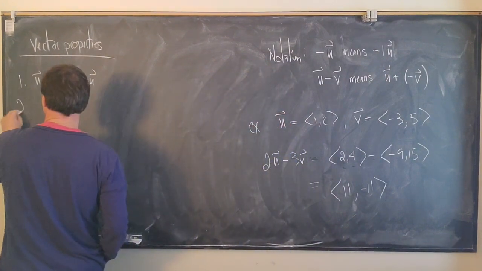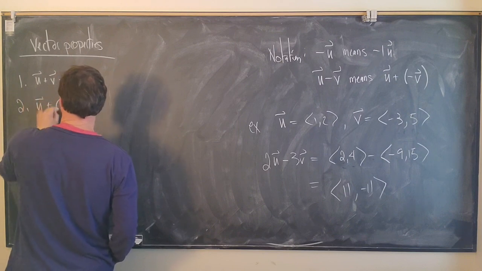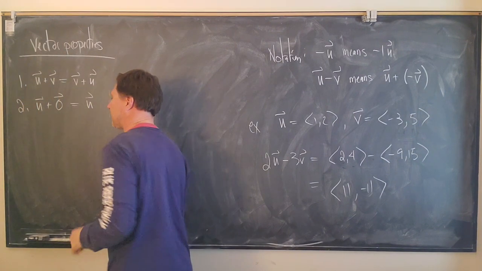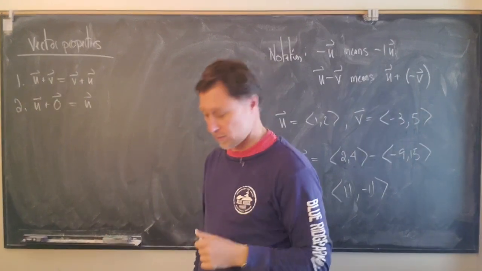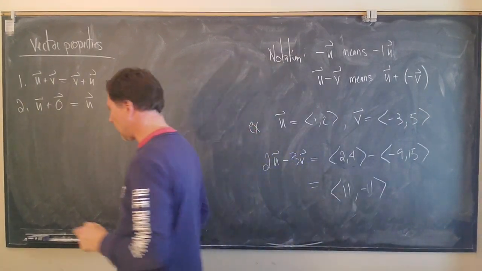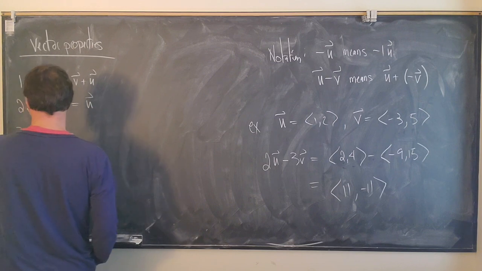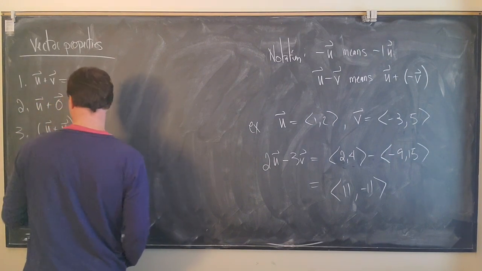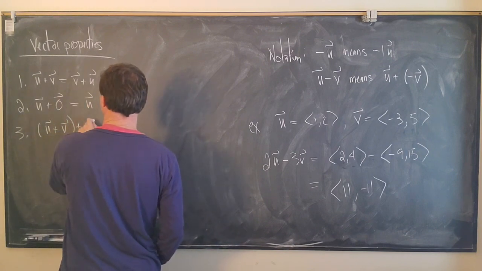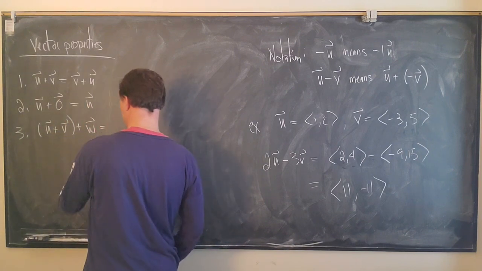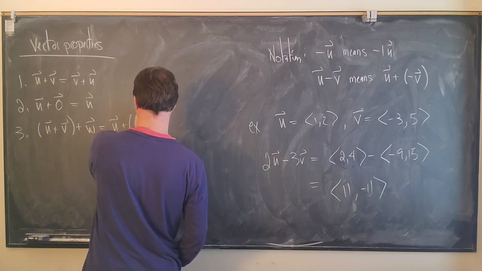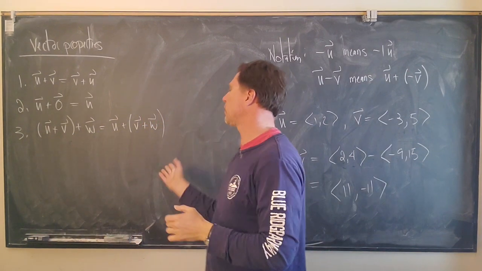The second property: if you add the 0 vector, nothing happens, right? So u plus the 0 vector is u. Associativity, remember that property? It's where you can slide parentheses around. These two, it doesn't matter which order you do things.